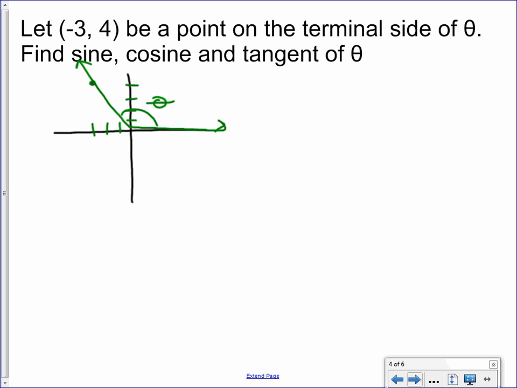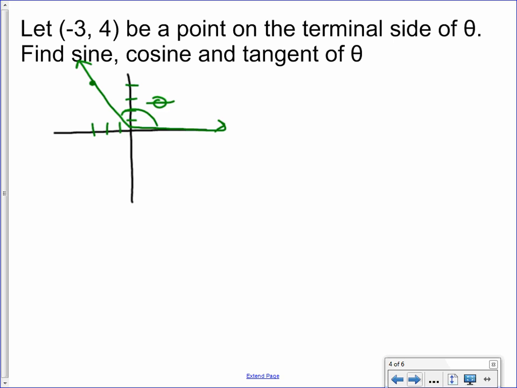If we are going to evaluate sine, cosine, and tangent, the x coordinate is only the cosine ratio on the unit circle. This does not have a radius of 1, so that cannot work.